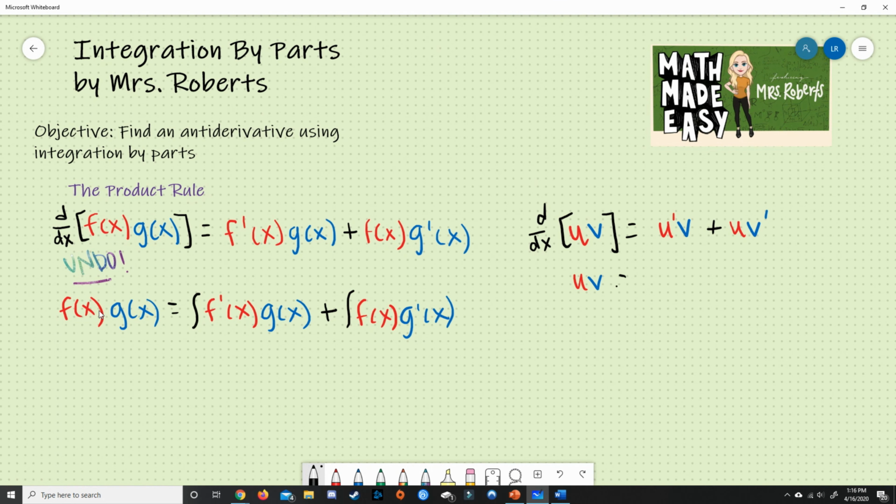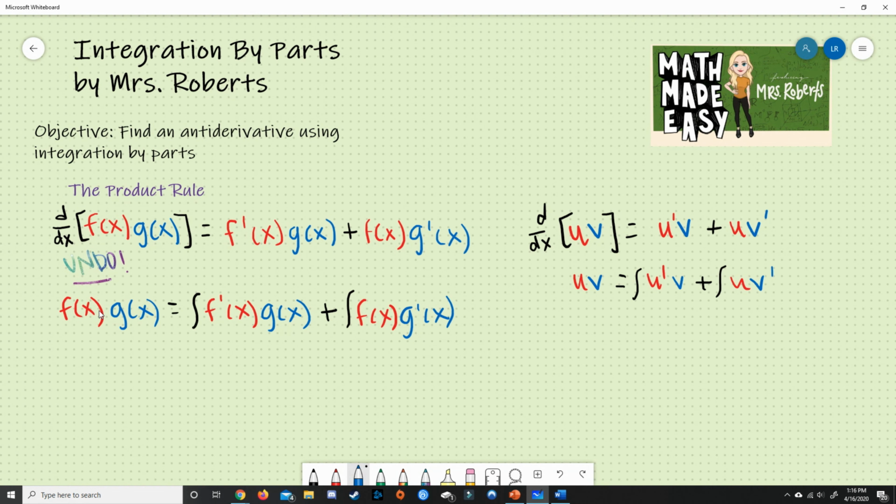Or speaking in terms of u and v, I'd have the integral of u prime times v plus the integral of u times v prime. Same thing, written two different ways, whatever way is easier for you.